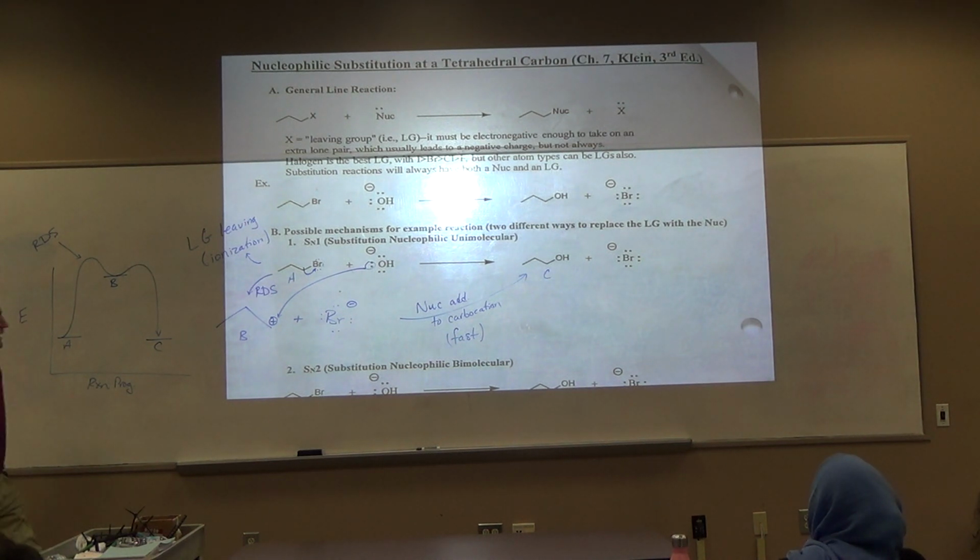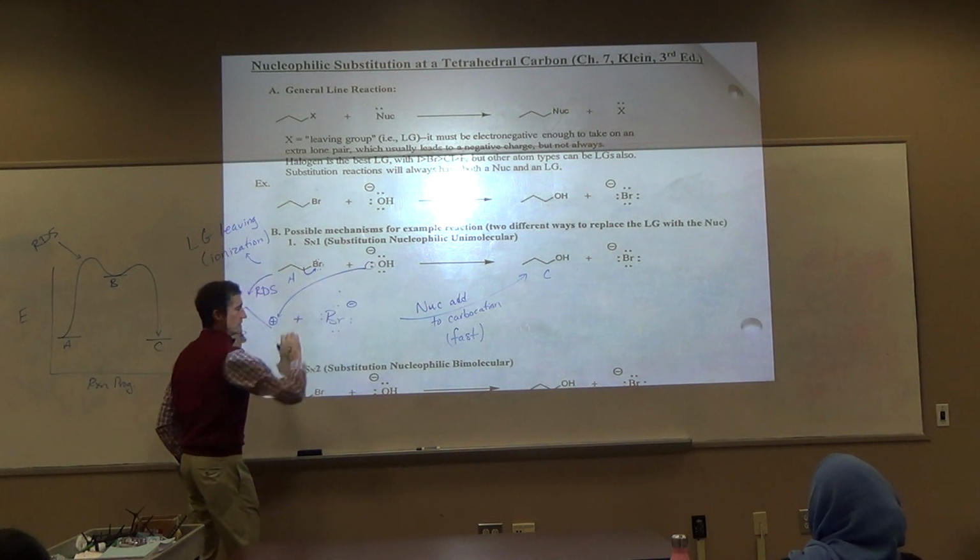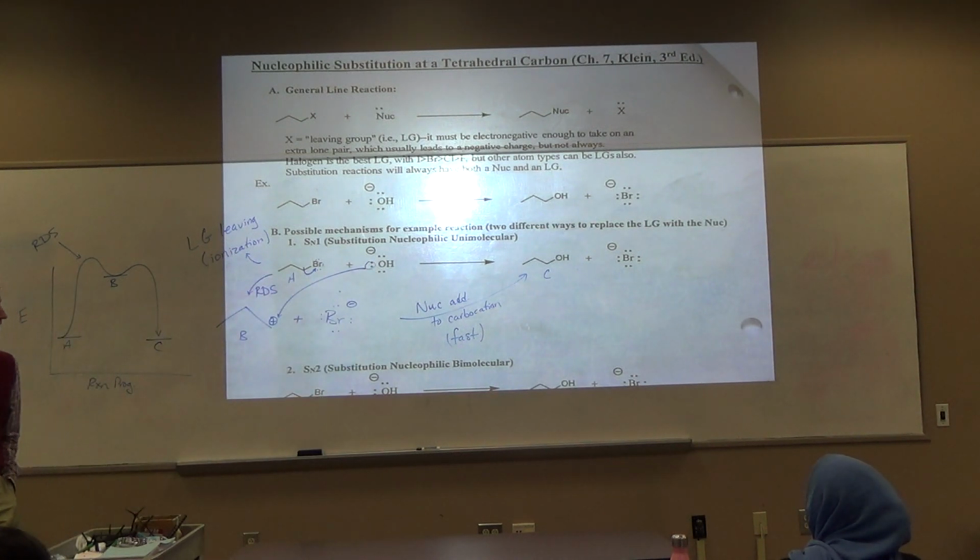Question. Of the two reactants, which ones are involved in the rate determining step? One of them or both of them? Only one. Which one is involved in the rate determining step? The alkyl halide, the alkyl bromide.